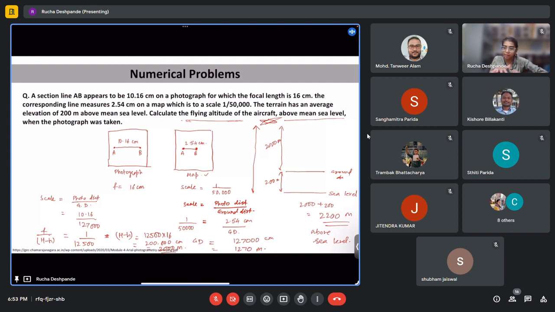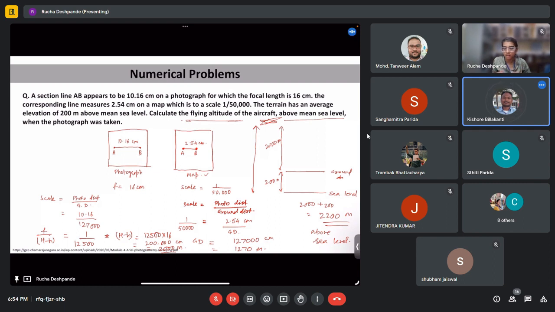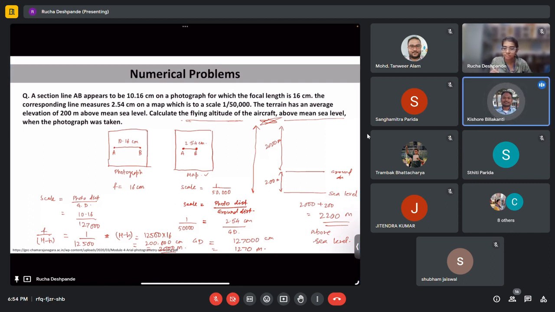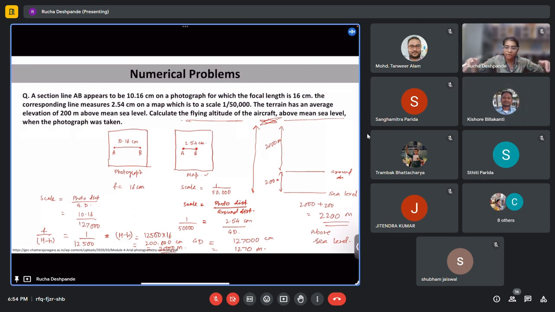There are topographic maps which are generated using geological surveys and all. So they are not exactly captured from the satellites, but they are actually prepared using field measurements. So that is the map and a photograph. Okay, that means map also is a ground reality, in situ scale. No, it wouldn't be in situ scale. The map would be drawn on a paper itself, so it would be a small scale representation of the ground data.